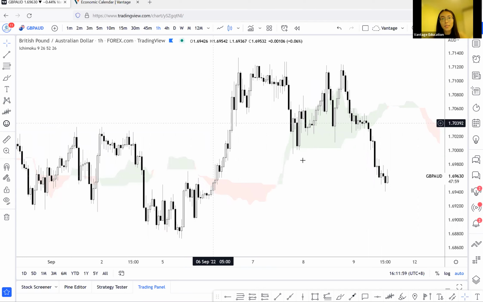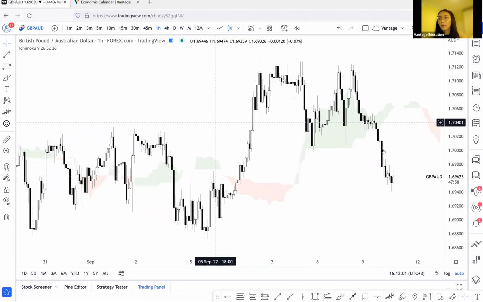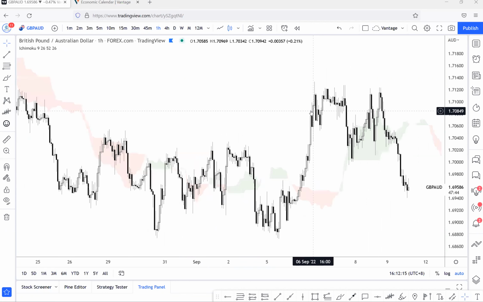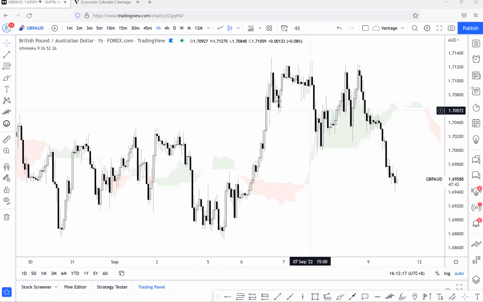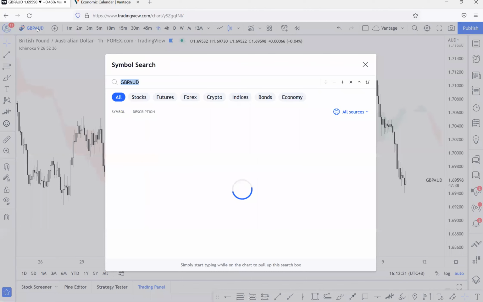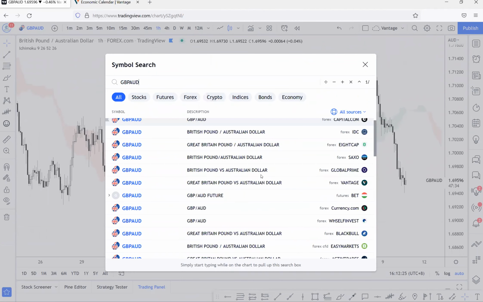Okay, this is slightly laggy, so I'll probably just turn off my video just to see if it's a little bit better here. There we go. Okay, so this is what we have on pound Aussie. Sorry, just let me bring up the right chart so that we have the analysis then, please.